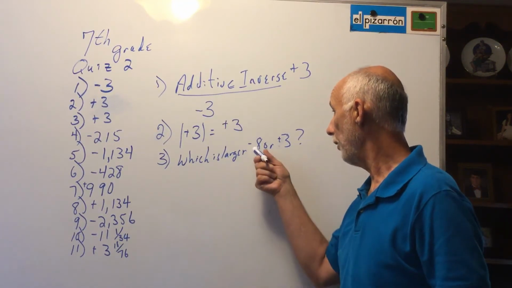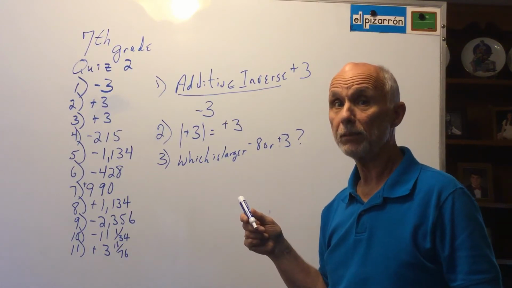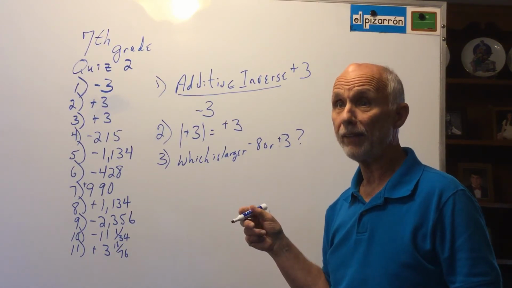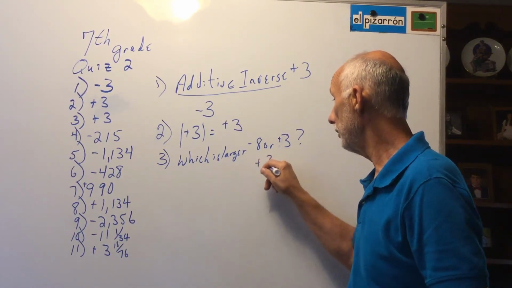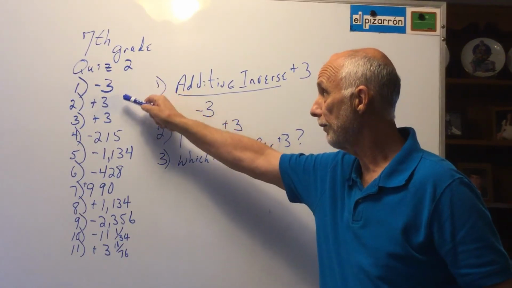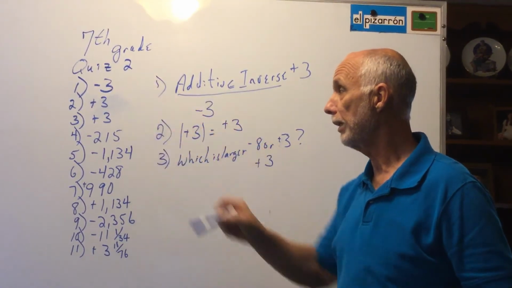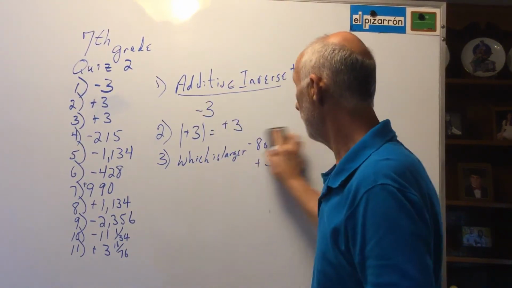So which would you rather, owe $8 or have 3? And unless you're some kind of weirdo, you'd rather have $3 than owe 8, so the answer is a positive 3. And again, that's how number one was a negative 3, number two was a positive 3, and number 3 was a positive 3. Now we get to working with them.